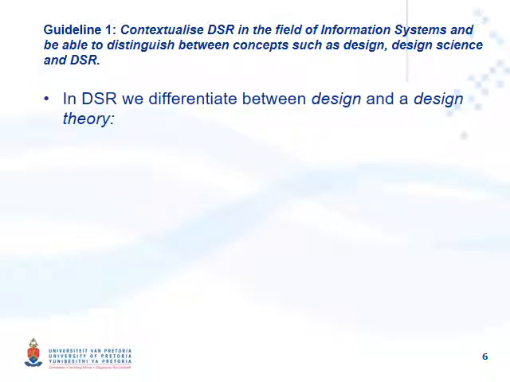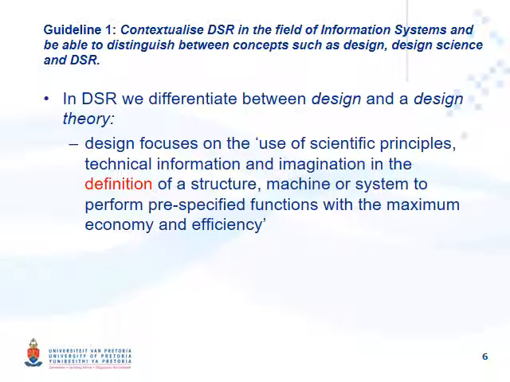Then there are 2 different things that you need to understand while you are doing design science research. You need to understand the difference between the design itself and a design theory. It's not the same. A design focuses on the use of scientific principles, technical information, and imagination in the definition of a structure, machine, or system to perform pre-specified functions with the maximum economy and efficiency.